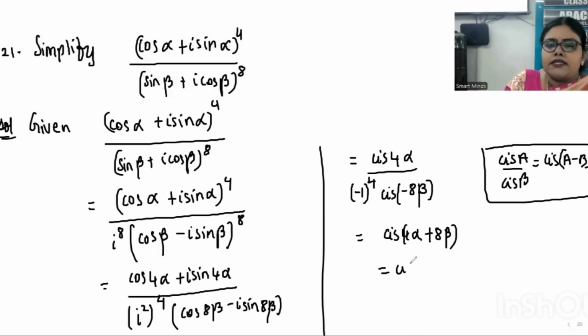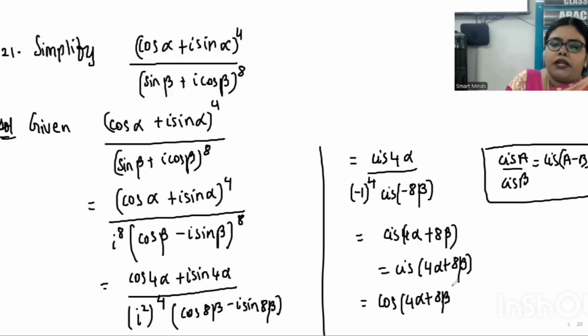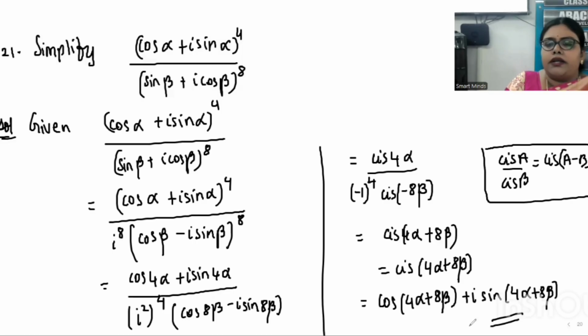So that is cis (4 alpha plus 8 beta). You can stop here also, or you can expand cis as cos theta plus i sin theta. So this is cos (4 alpha plus 8 beta) plus i sin (4 alpha plus 8 beta). Both are correct.